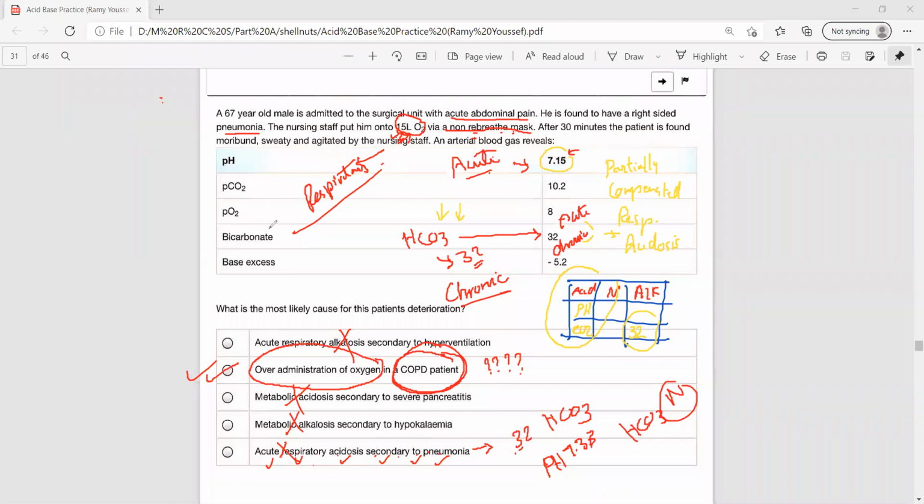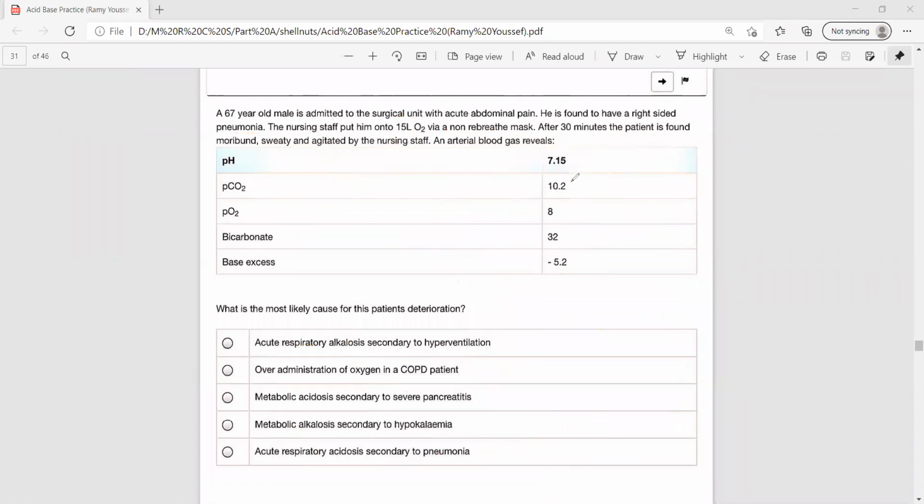Clear? Difficult question. Put in your mind, once you find a bicarb of 32 in a patient with a respiratory condition, this patient will mostly be COPD, and build your answer on this condition, that the patient has COPD and then almost certainly has an acute condition.